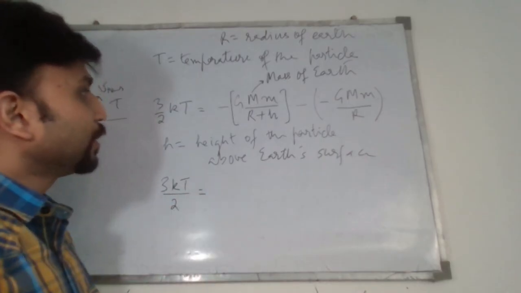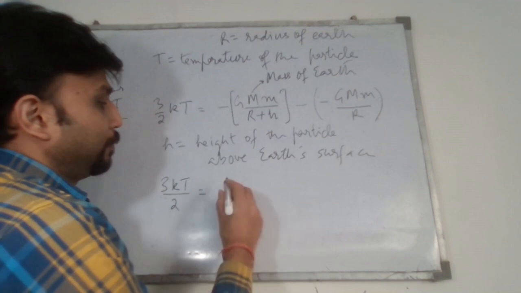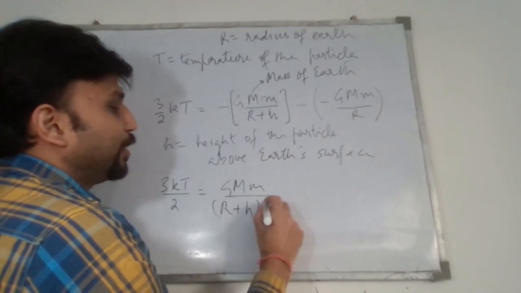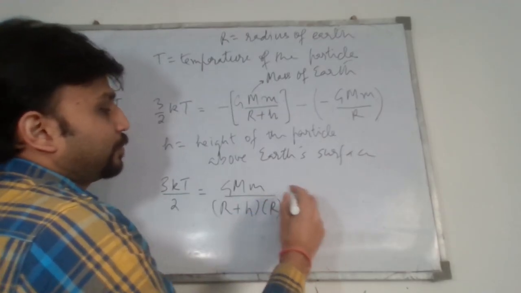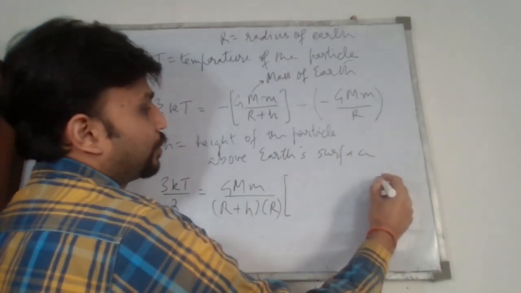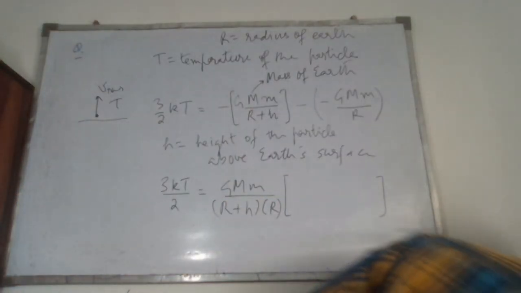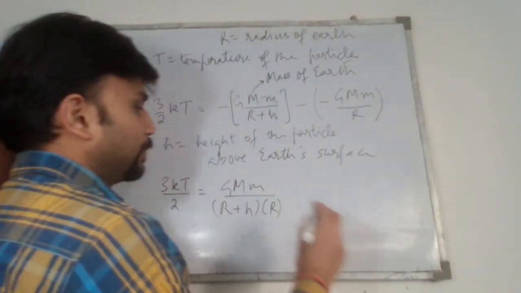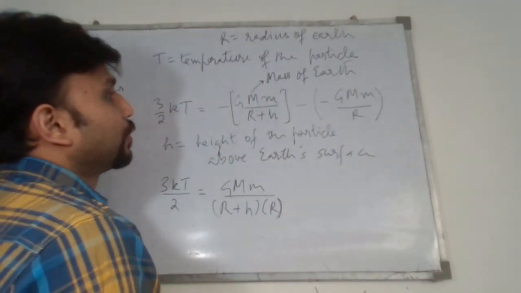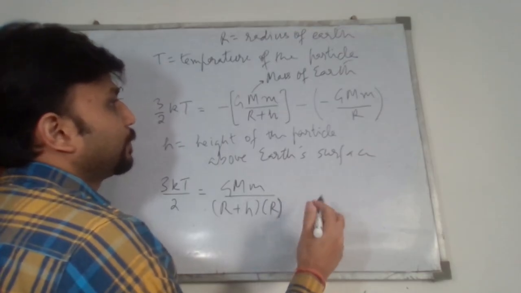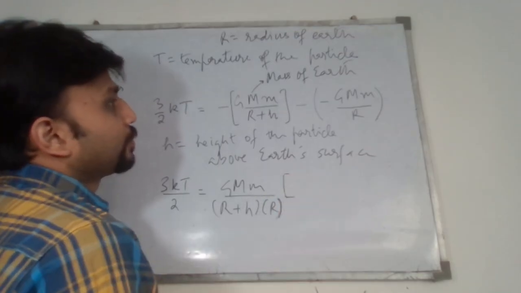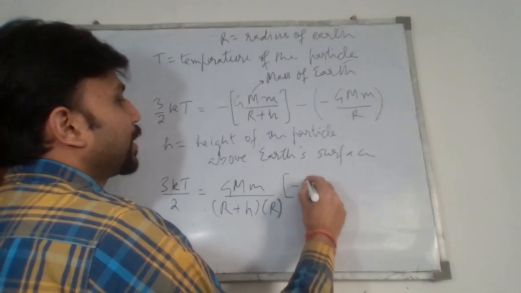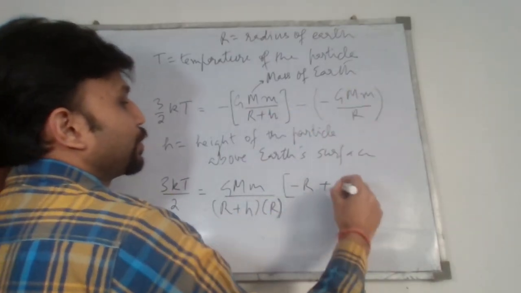Next, 3 kT by 2 is equal to G capital M small m upon R plus h into R. The plus 1 by R gets multiplied here, so this becomes minus R plus R plus h.